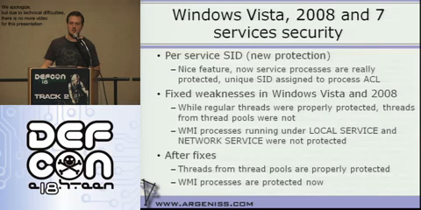So any other process running under the same account could access these processes, steal the token, and elevate privileges. The fix Microsoft made was to properly protect the threads from the thread pools with a proper ACL, and also the same for the Windows Management Instrumentation processes.